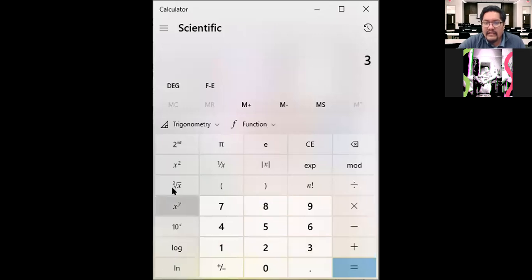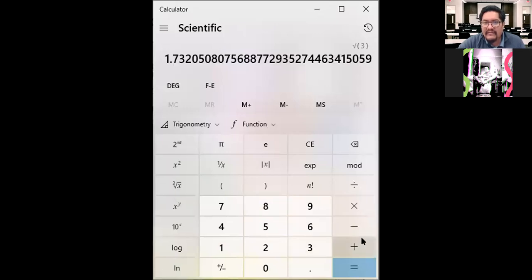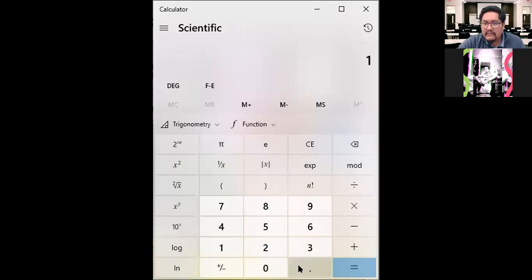So 3 and square root, and we get this 1.732 number. Let's clear this up. If I say 1.7 times 1.7, we get a number very close to 3, but it's not exactly 3. And the more numbers I add, the closer and closer we get. So 2.95 is even closer than the one we had before.